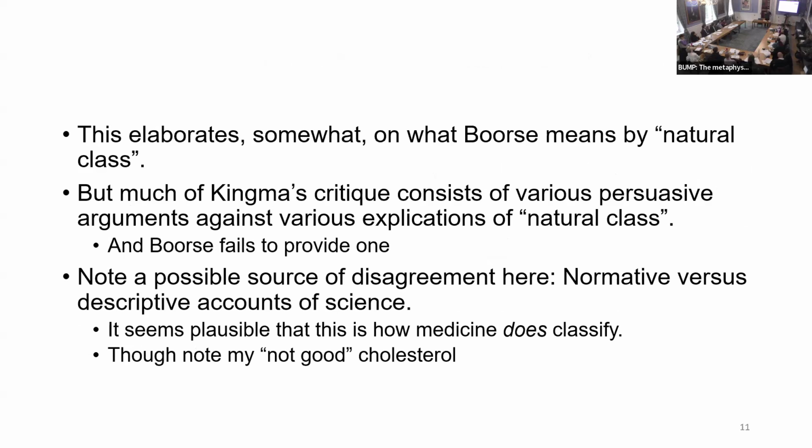So Boorse does not really say what he means by a natural class. Elsen takes it as her job to make various suggestions and then show ways in which they don't work. And I don't think Boorse is actually, in that response, providing a clear explication of what he means by a natural class. I think there's a possible source of confusion or disagreement here.